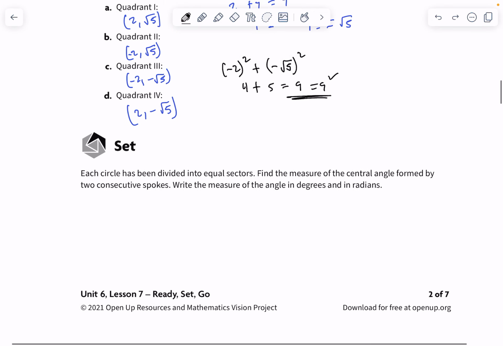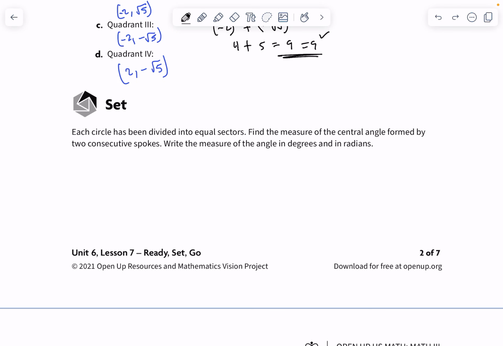Now let's kind of jump into the sector section. So each circle has been divided into equal sectors. Find the measure of the central angle formed by 2 consecutive spokes. Write the measure of the angle in degrees and in radians.